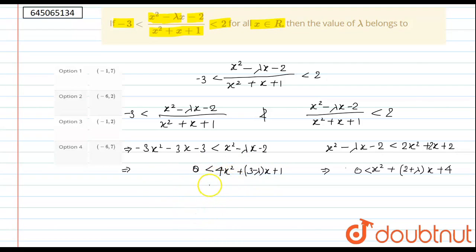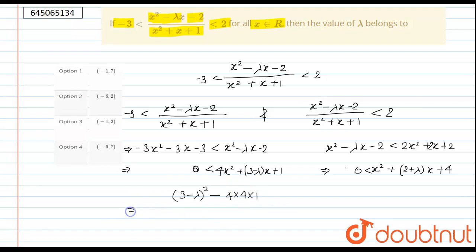That is only possible if the discriminant of this quadratic equation is less than 0. That is (3 minus lambda) whole square minus 4ac, that is 4 into 4.